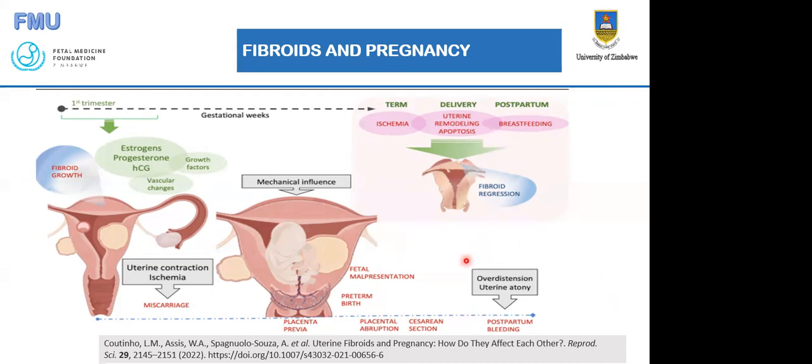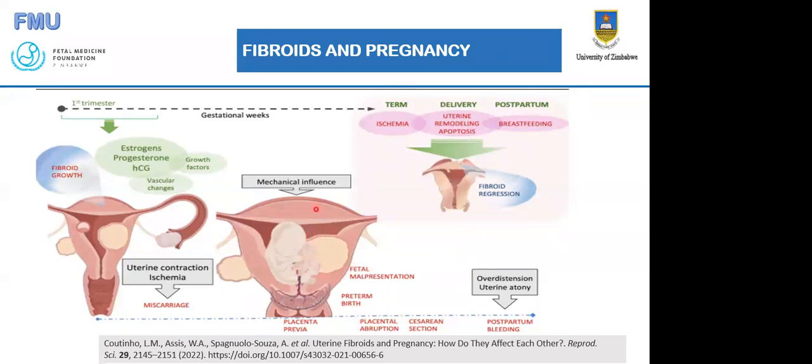However, fibroids, especially if they are huge and occupying the intramural space, may interfere with uterine contraction. This will predispose to uterine atony, which will lead to postpartum hemorrhage. So what do we do? Women with huge fibroids are at risk of postpartum hemorrhage, and we manage them as such.